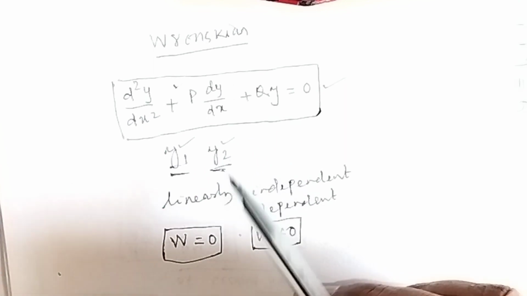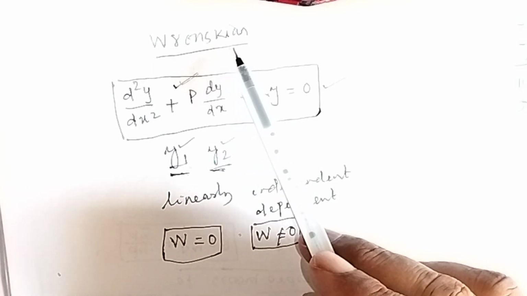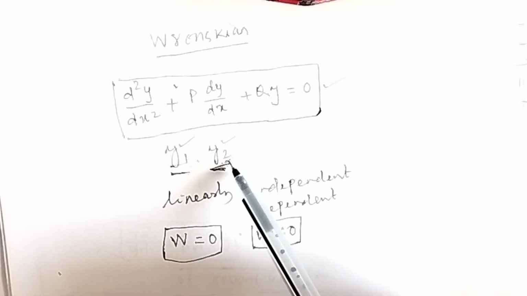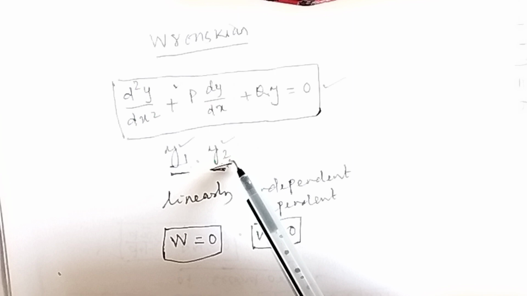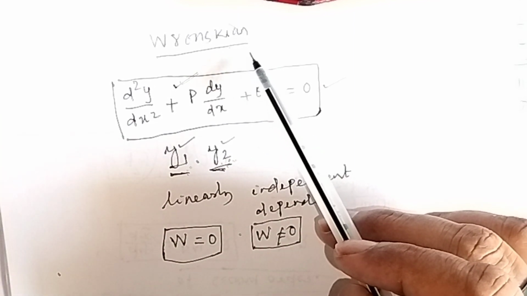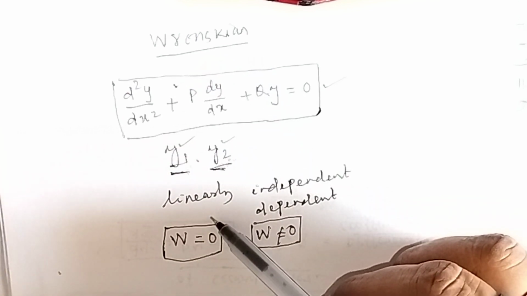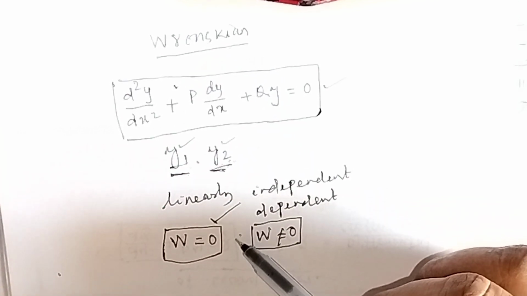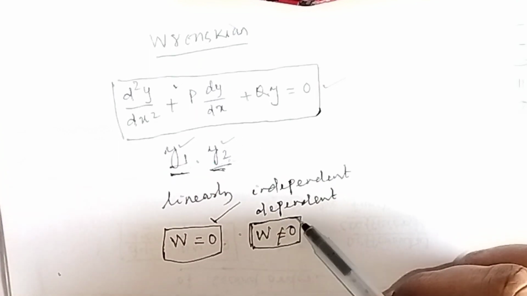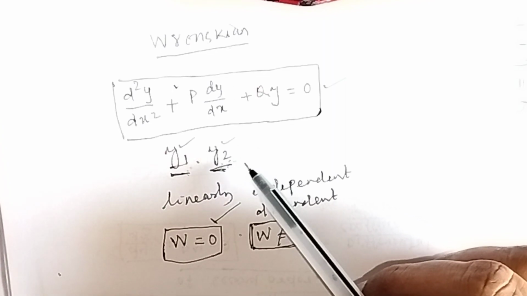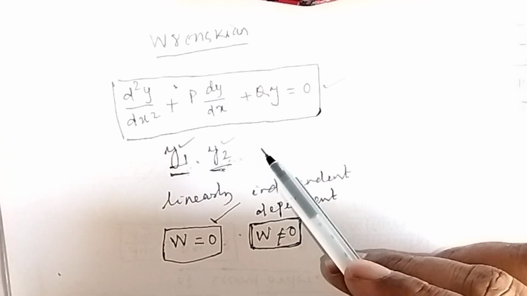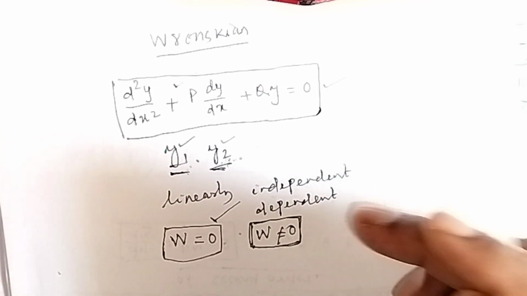So Wronskian tells you whether the solutions are linearly independent or linearly dependent. If the Wronskian is equal to 0, the solutions are linearly dependent, and if it is not equal to 0, they are linearly independent. That is why we study Wronskian.